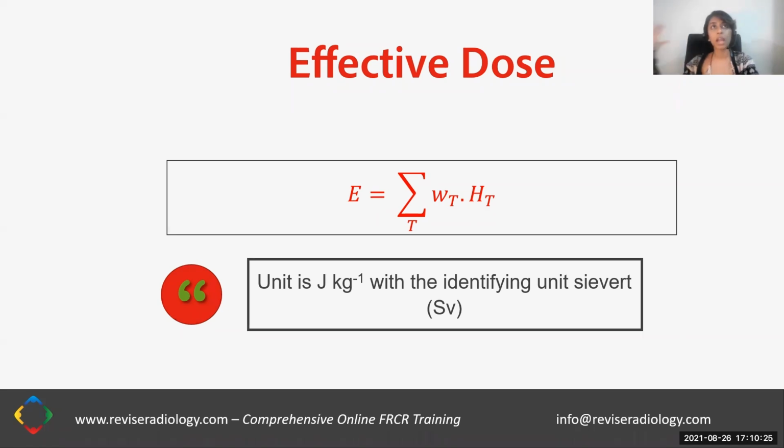This tells you what the effect would be on the patient's body or the staff's body if the person was exposed to a uniform full body dose. It gives you a quick and easy way of setting dose limits, that is, doses over which people should not be exposed, because if you're working with just individual body parts, it's quite hard to set safety protocols in place. So effective dose measures the whole body uniform dose, and this is the way that it's measured.